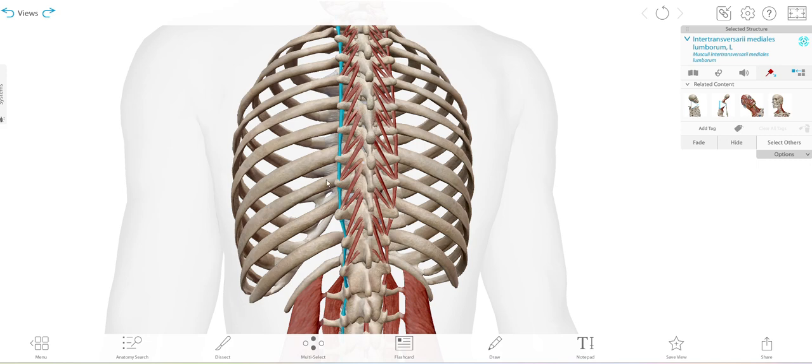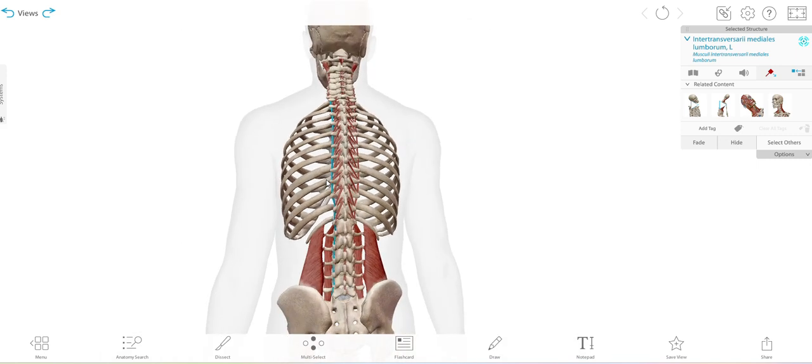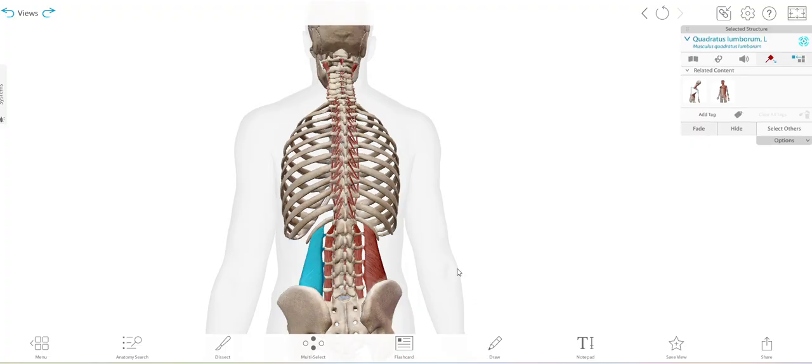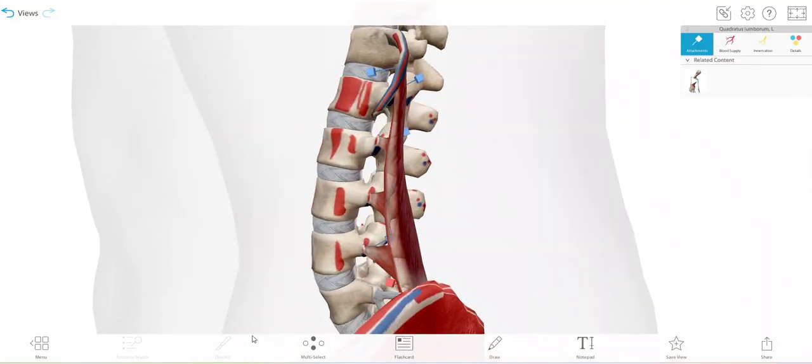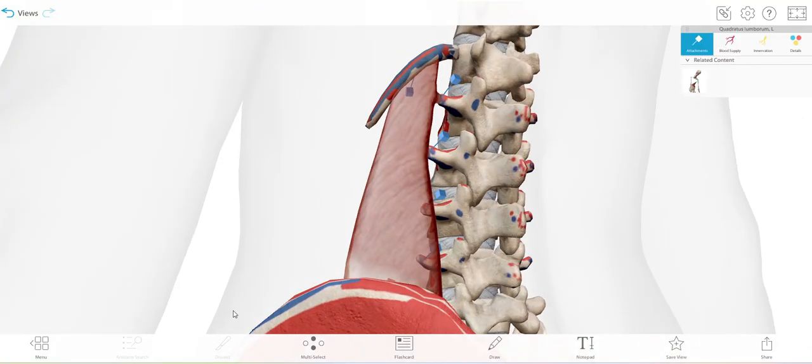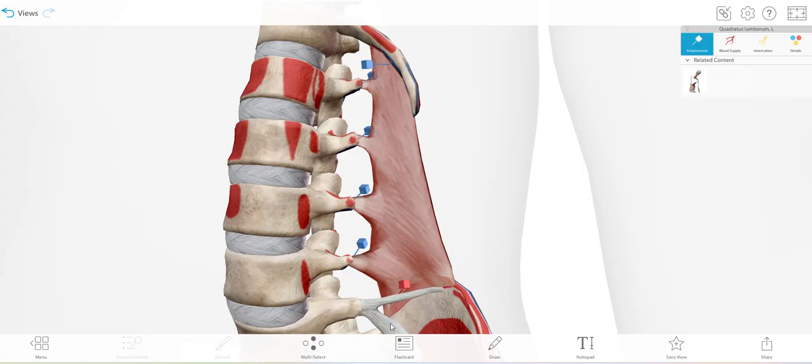And then our next muscle is going to be quadratus lumborum. And here we can see our origin here will be on the posterior iliac crest.